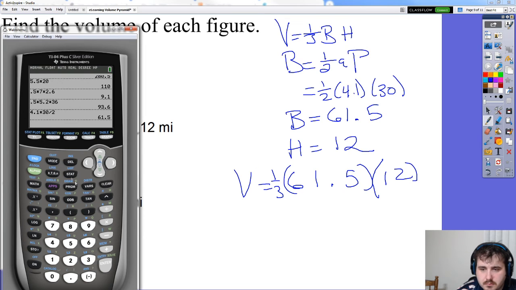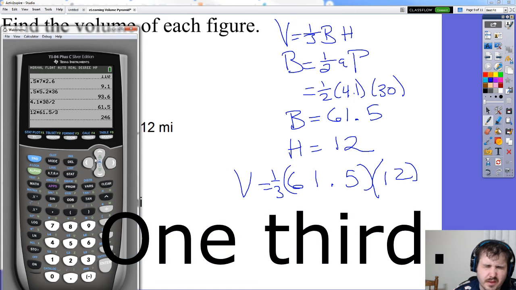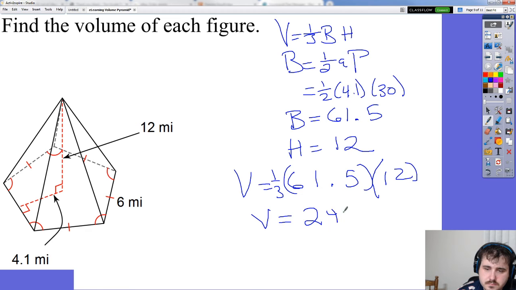And again, the coronavirus has corroded my brain, so we're gonna just do this in the calculator. Times 61.5 divided by 3, because times 1/2 is hard in the calculator. I would recommend whenever you have to multiply by 1/2, dividing by 2 instead. But you get a whole number, 246. And again, the units are miles, so this is miles cubed.